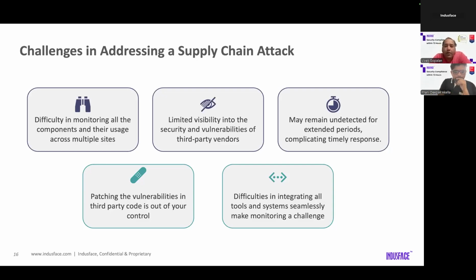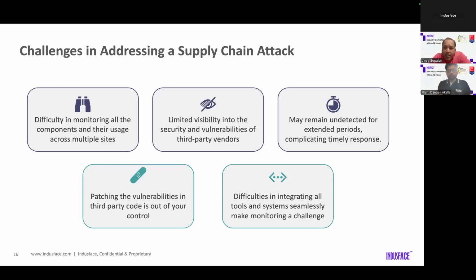So as a security practitioner, you will not have complete visibility of all the third-party components. Because of this lack of visibility, there is a lack of understanding of whether these components are vulnerable, and a lack of visibility into any new compromises happening in this third-party world. So a lot of these exploits or vulnerabilities go unnoticed for a long period of time.